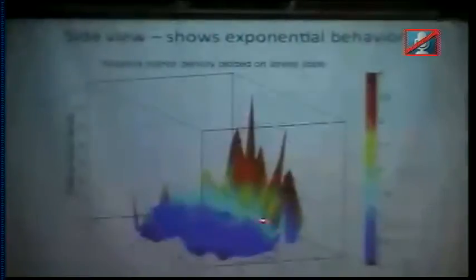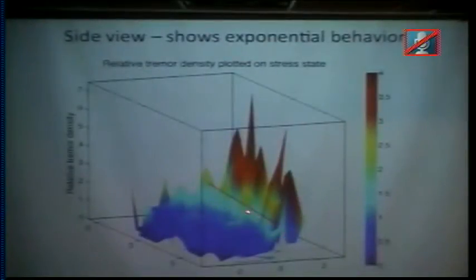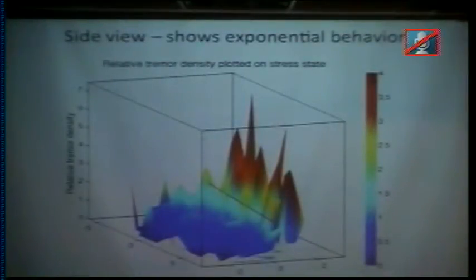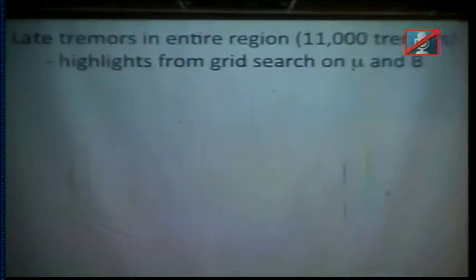Essentially the figure I showed you before is a stack along this direction. Okay? So this also lets us know that I probably picked a good value of mu to stack along.